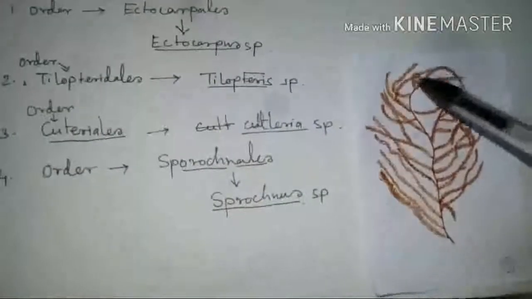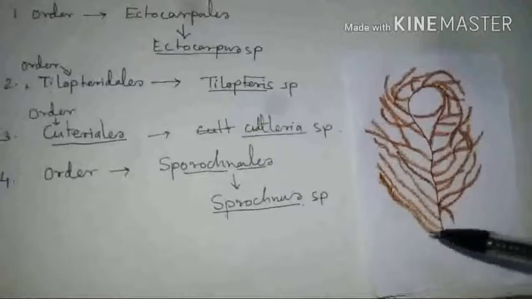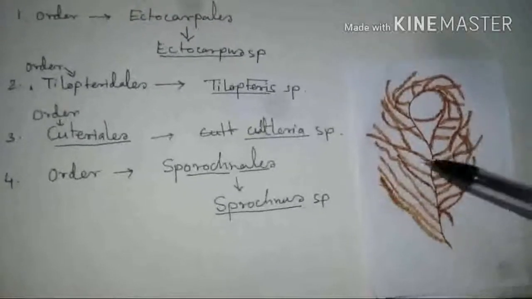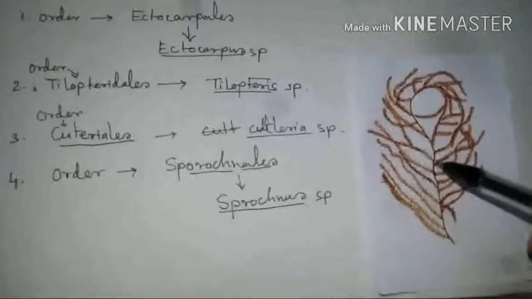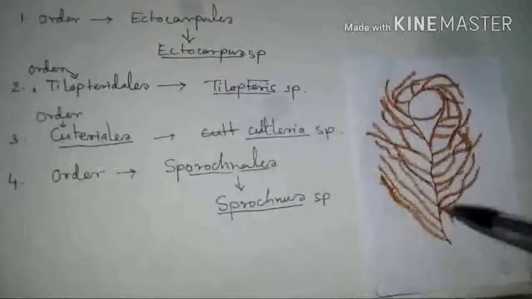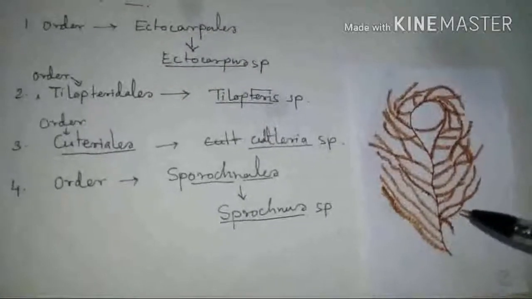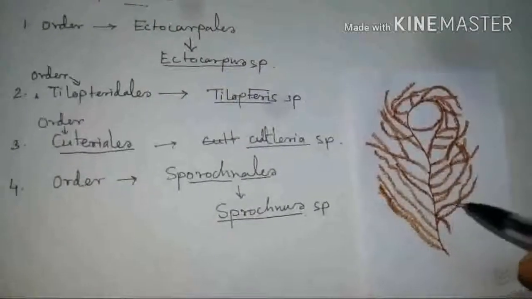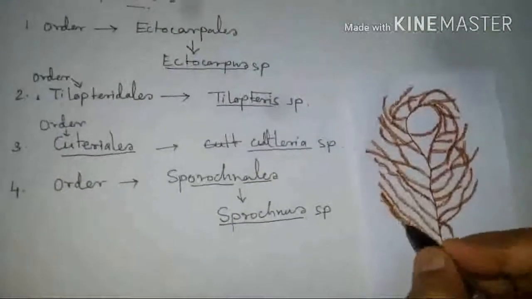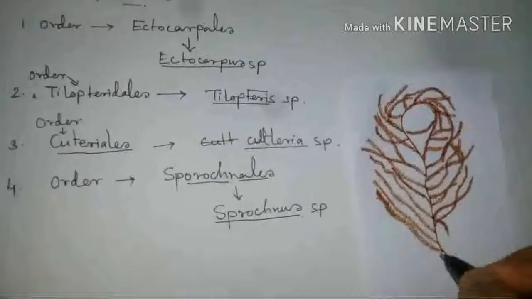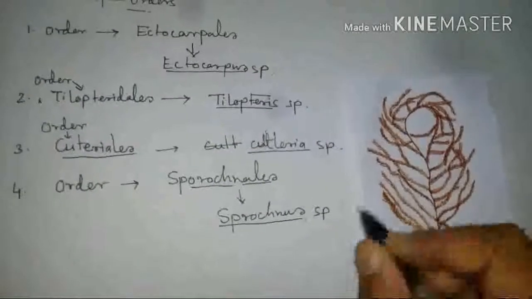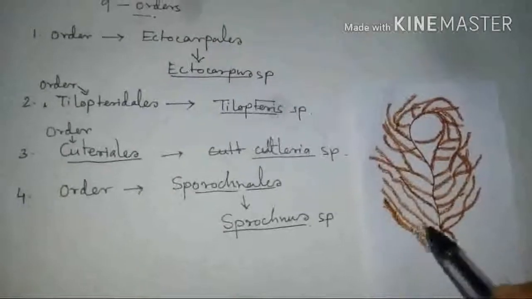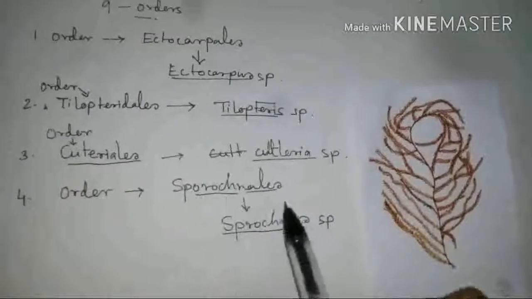Many threads produce branches, and these branches are alternate. So this is an alternate branching system, and all branches contain small hair-like filaments. So this is Sporochnus algae, order Sporochnalis.